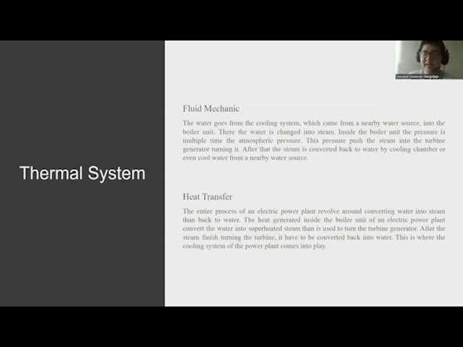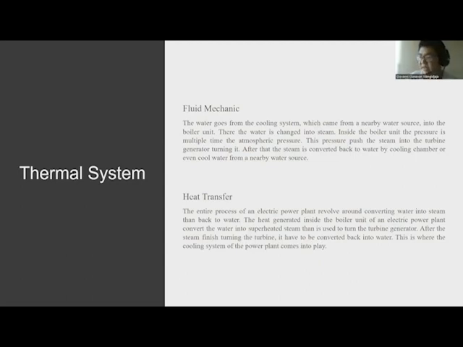The heat transfer is the energy from the burning of coal, fossil fuel, natural gas, heat from geothermal sources inside the earth, or even nuclear fission, which is converted to change water to steam. The steam is then pushed to a turbine, and after the steam has done its work in the turbine, it has to be condensed back to water.